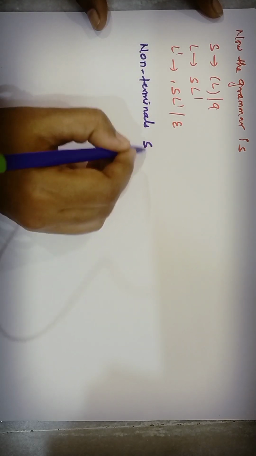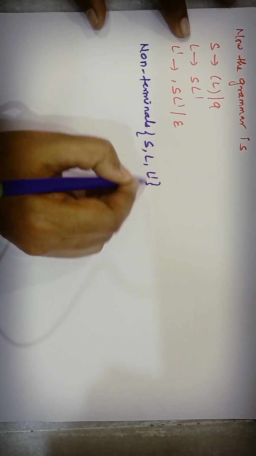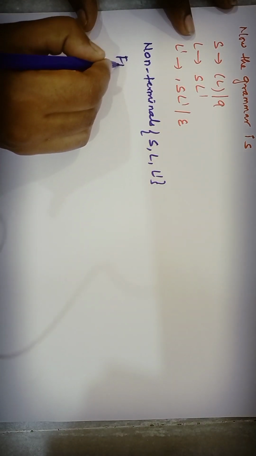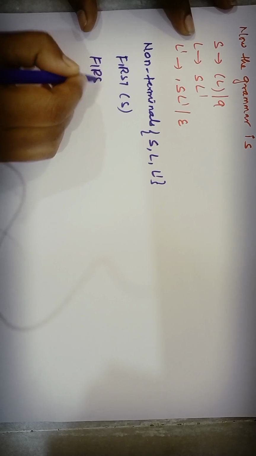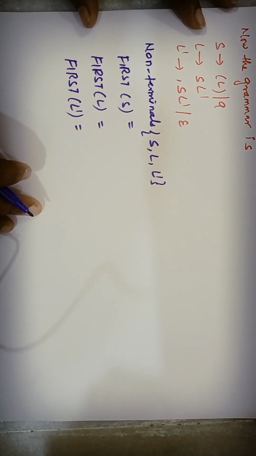That is S, L, L dash, and for these items we need to find out first and follow. So first of S, first of L, and first of L dash.